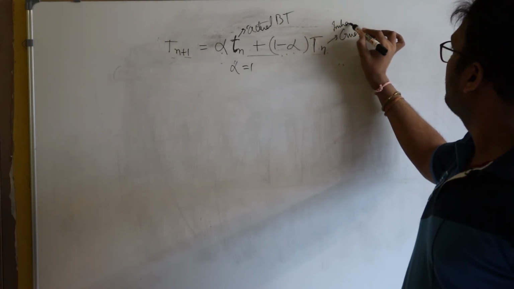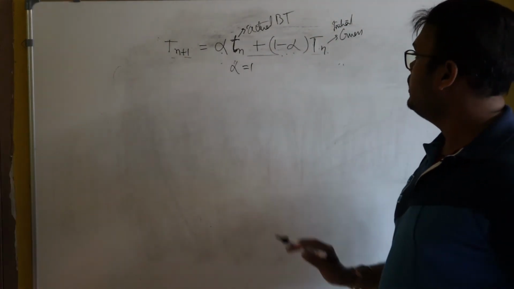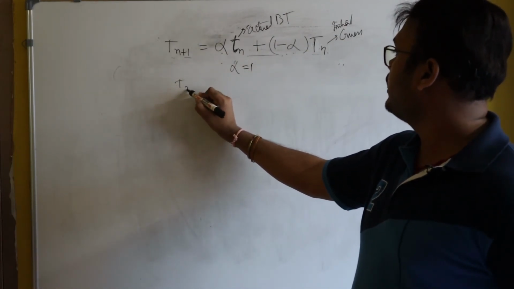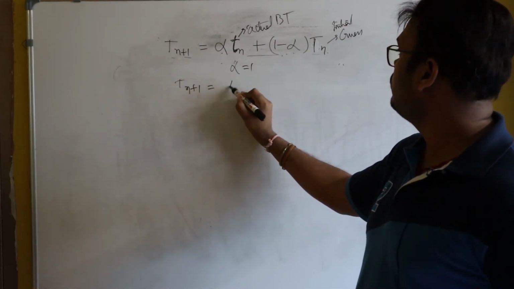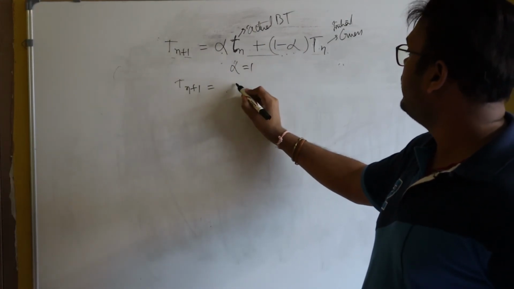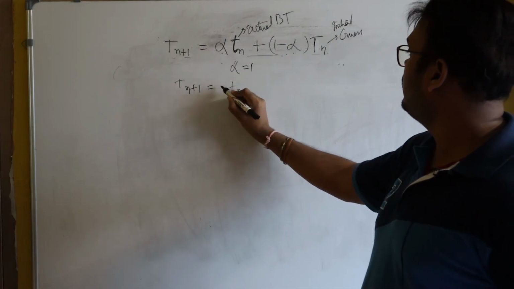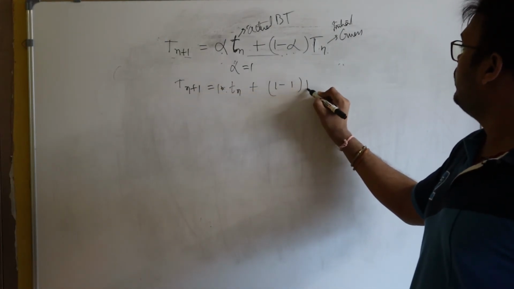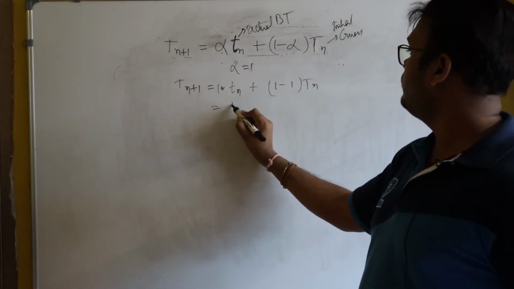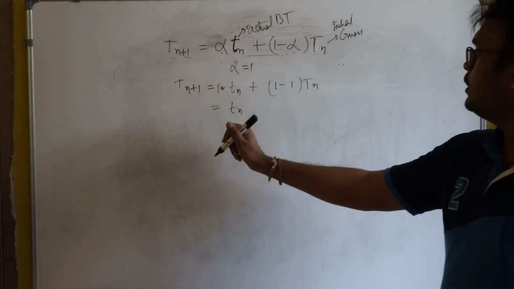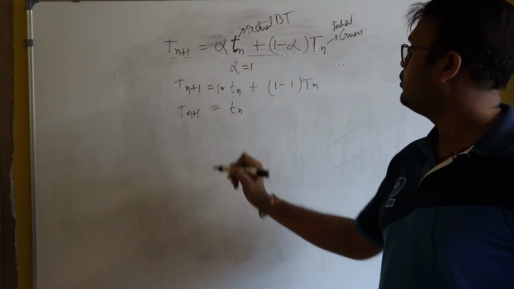So if alpha is equal to 1, just substitute here. Tn plus 1 is equal to alpha into Tn plus 1 minus alpha into capital Tn. In place of alpha, you just put 1. It will be 1 into Tn plus 1 minus 1 into capital Tn. So it will become Tn, and the second term will become 0. So Tn plus 1 is equal to Tn.